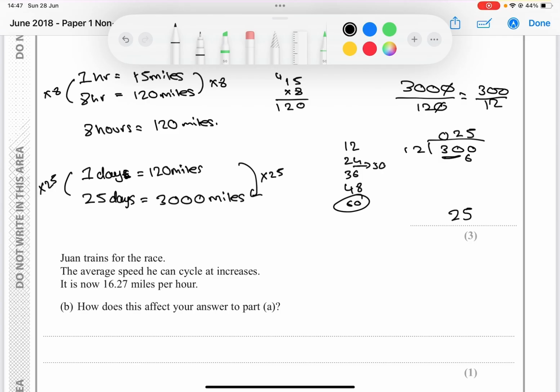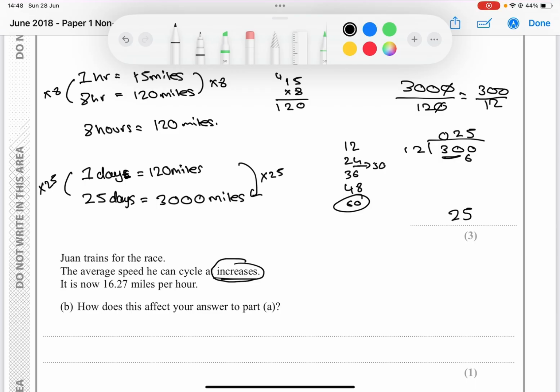Now it says Juan trains for the race. The average speed he can cycle at increases. It is now 16.27 miles per hour. How does this affect your answer to part A? Now remember, if he is cycling a lot faster, then his time will reduce. His time will not increase. If he's cycling quicker, then the time taken to complete the race will be a lot less.